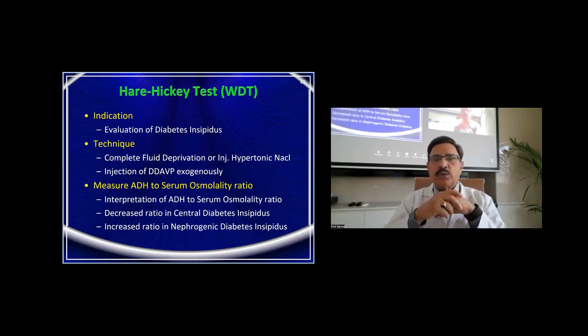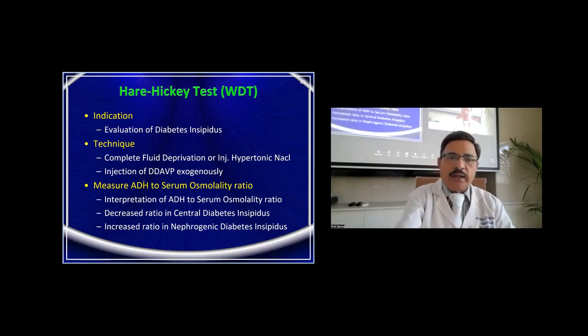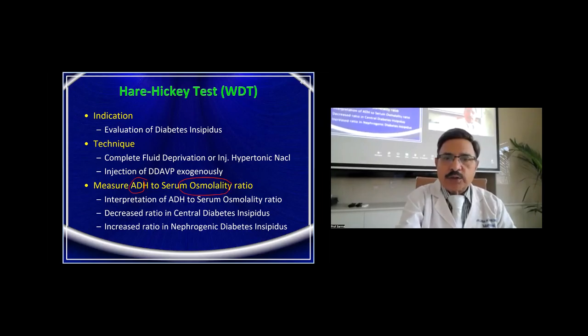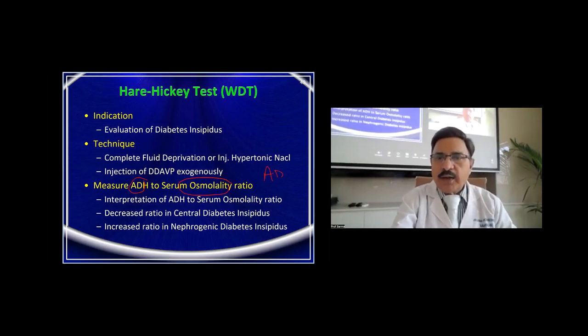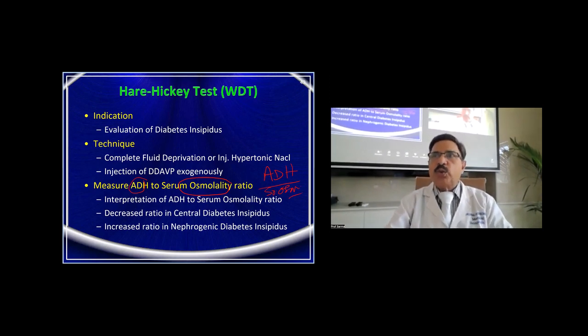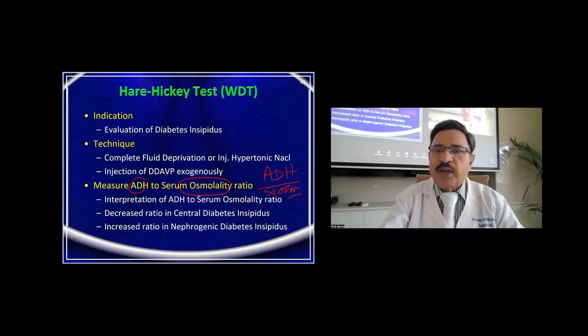Measure the ADH to serum osmolarity ratio. We measure the ADH in the plasma and also the serum osmolarity. Interpretation of the ADH to serum osmolarity ratio, positive or negative: a decrease in the ratio means that serum osmolarity has increased.